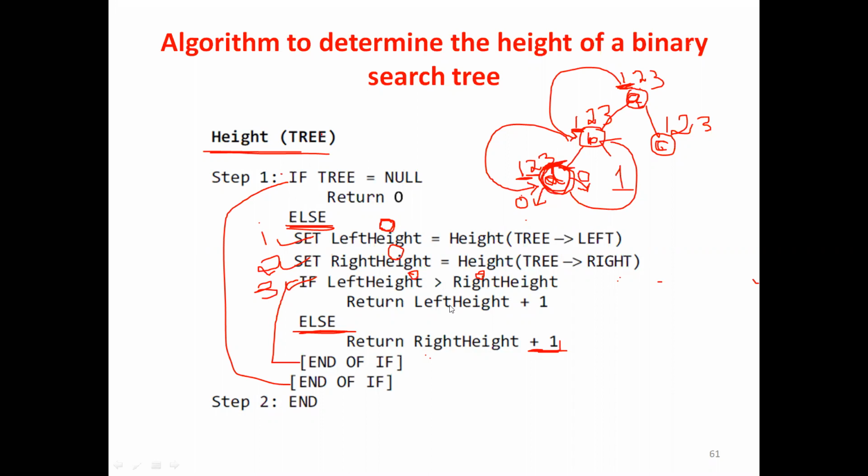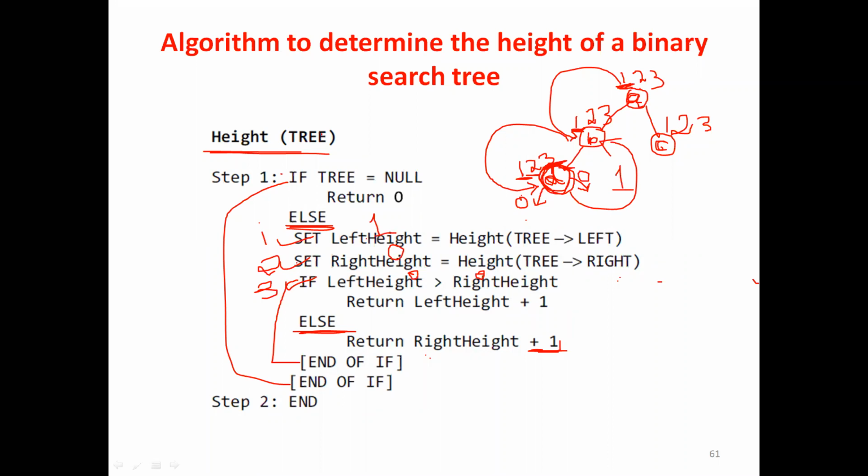Am I right or wrong? Others, can you reply? Yes. Let me erase this one alone. The left height is now stored as 1, because at step 1 only I went out.